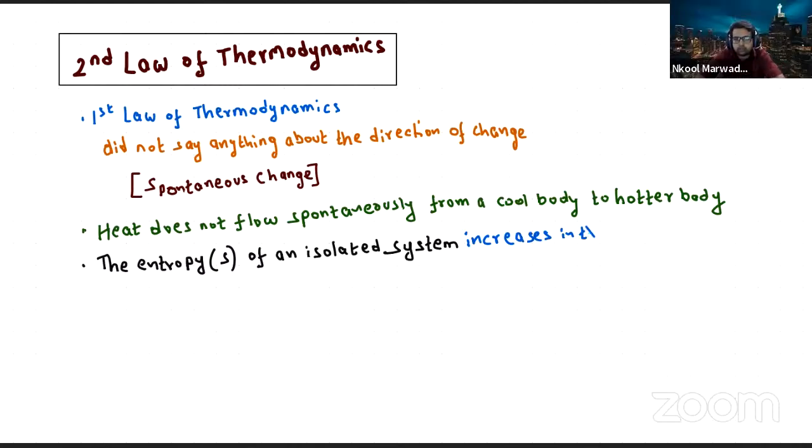The whiteboard is slow. It means that whenever a spontaneous change occurs in a system, the entropy of the system will automatically increase. And this is very interesting.